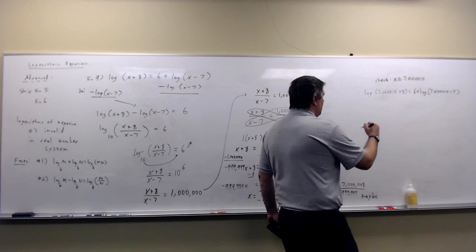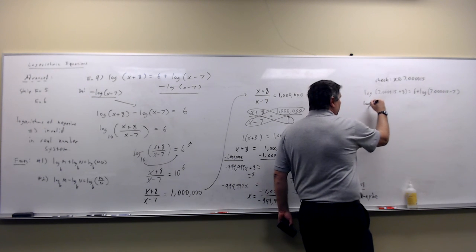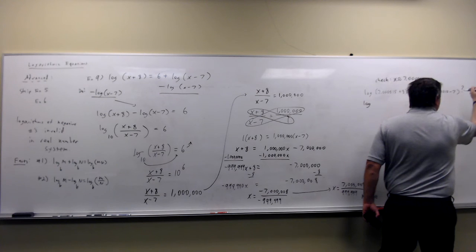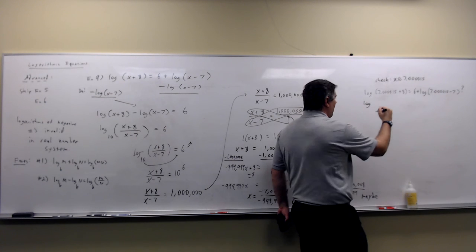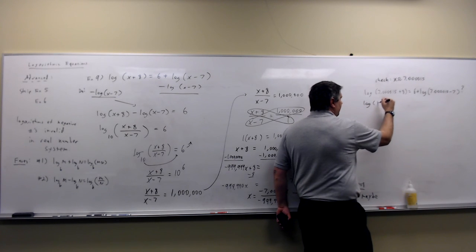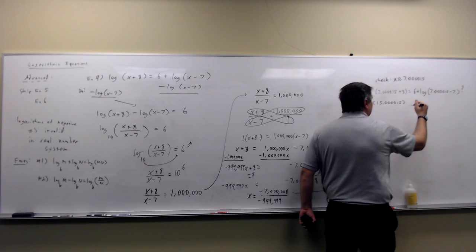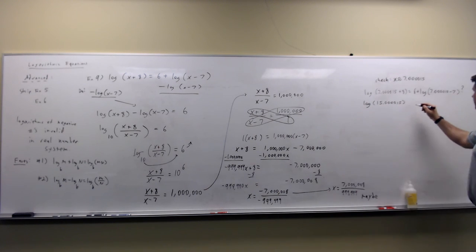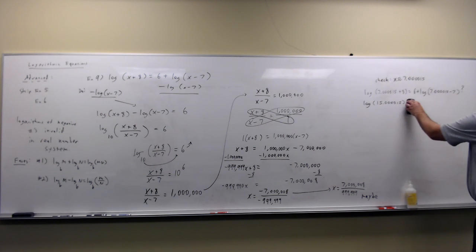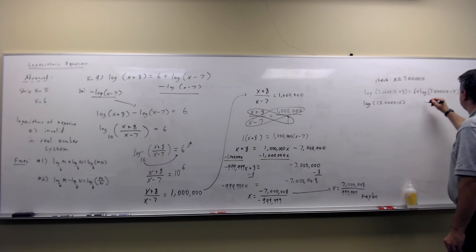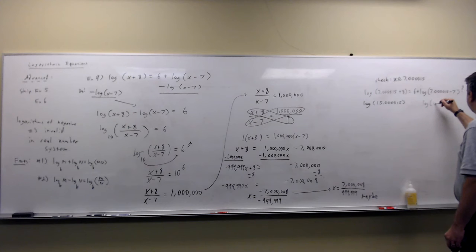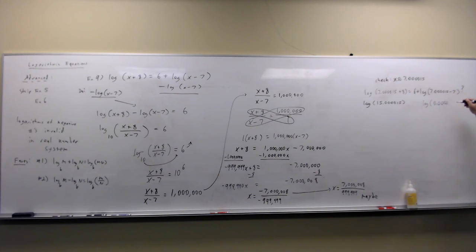Okay, so this is log of 15.000015, question mark, equal, and then this is going to be log of 0.000015.